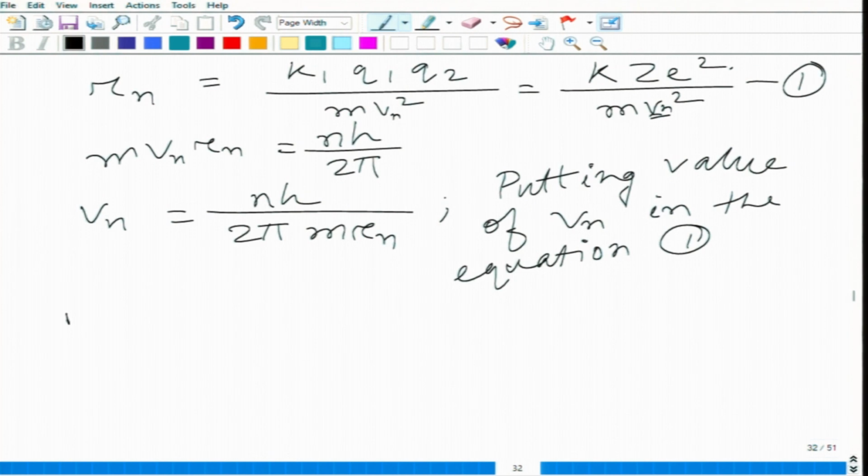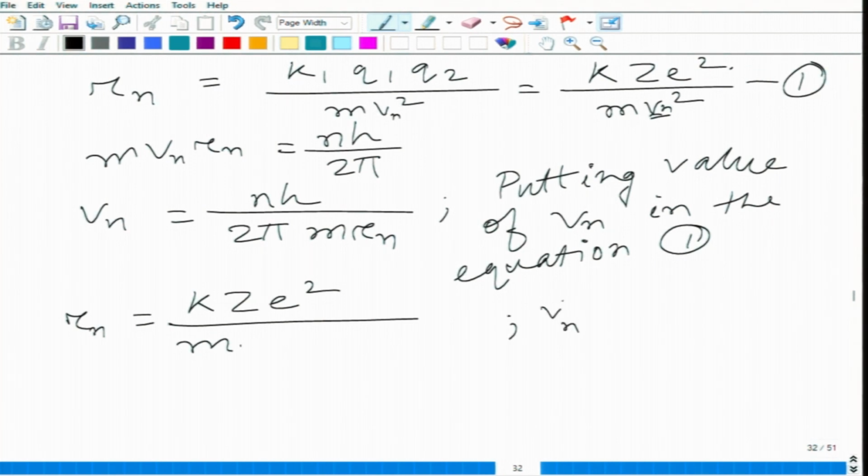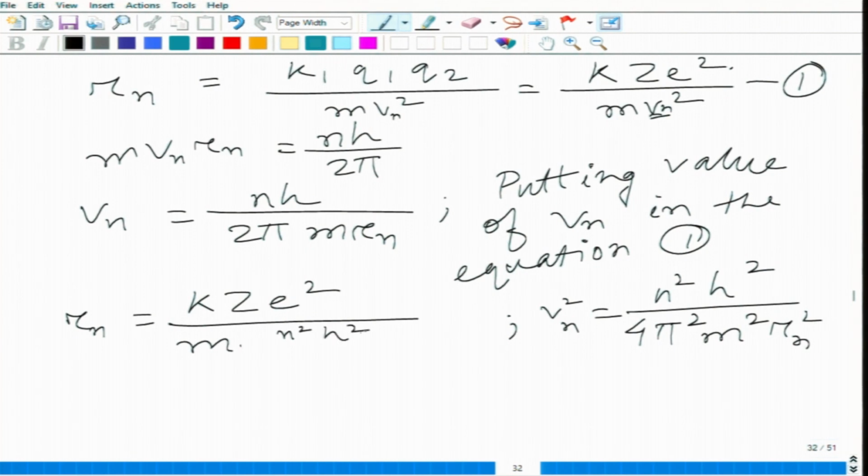So we get Rn equal to k Ze square by m into, here we will put the value of vn square. So what will be vn square? vn square will be n squared h squared by 4 pi squared m squared Rn square, right? So we will put this value here.